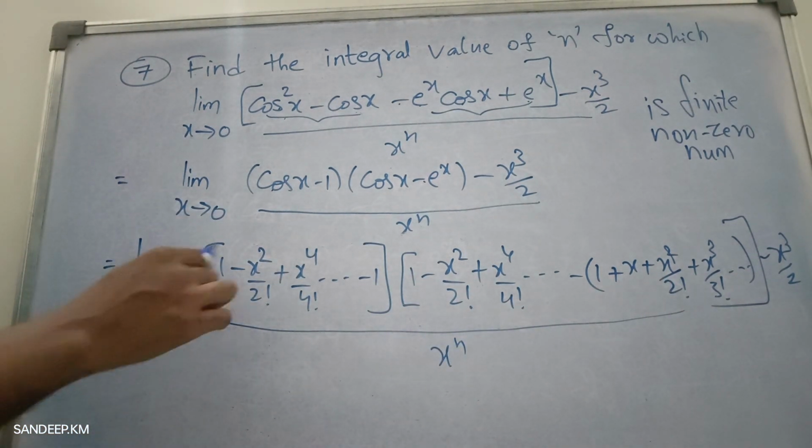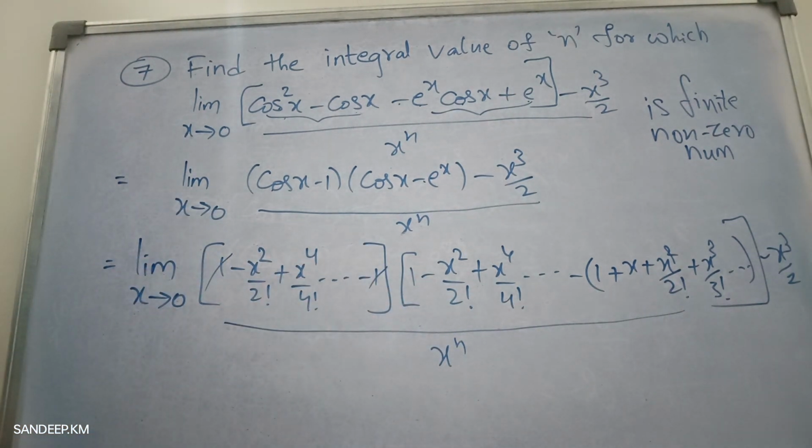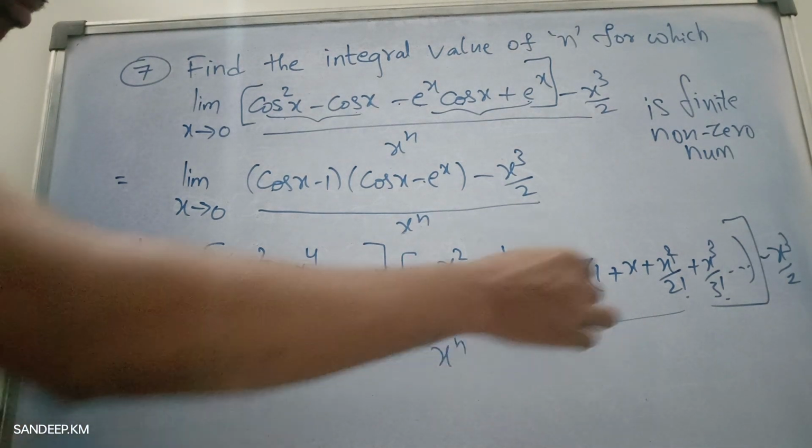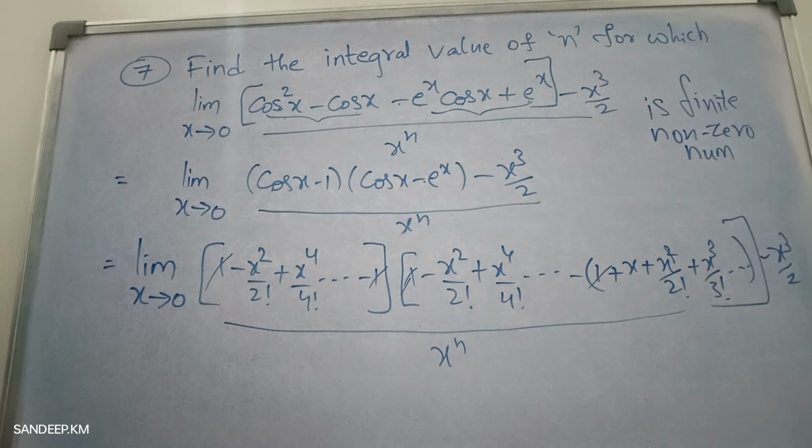Now let us see that plus 1 and minus 1 get cancelled here, plus 1 and minus 1 get cancelled here, and observe, that's it, no more cancellations in the numerator. Okay now dear students, limit x approaches 0.